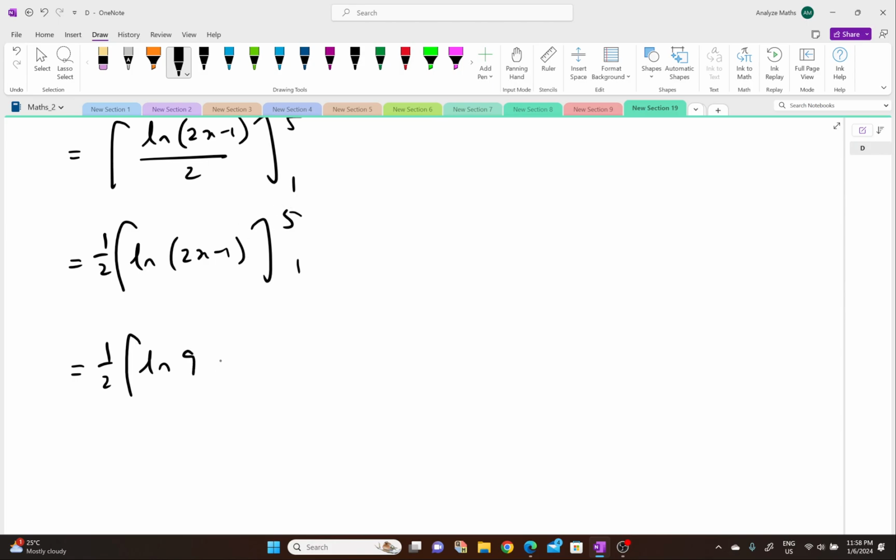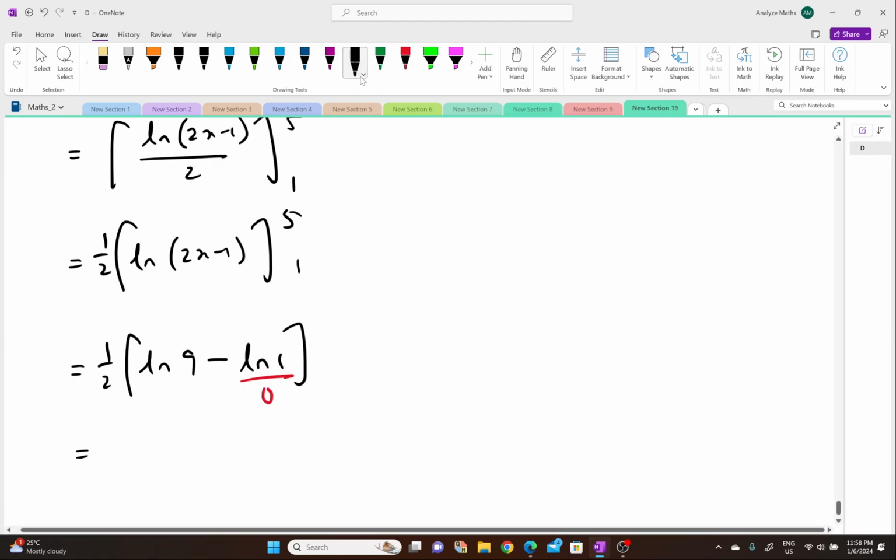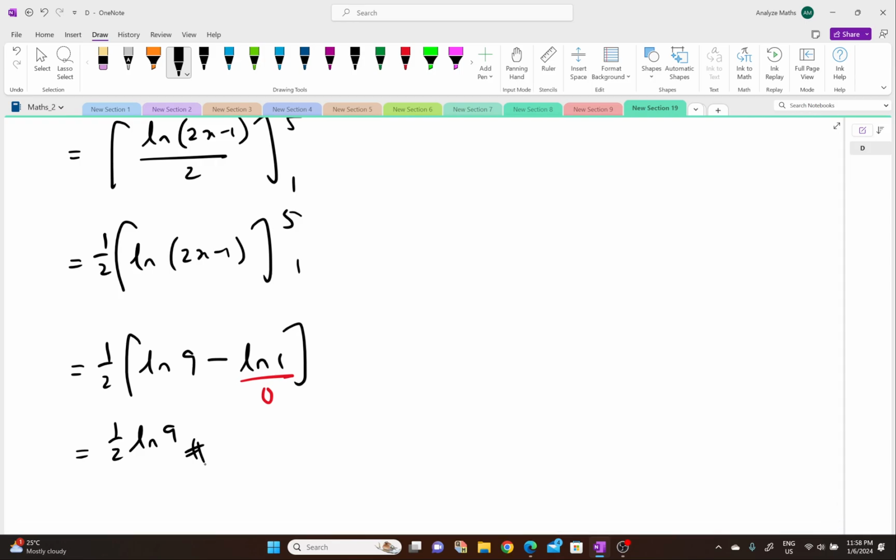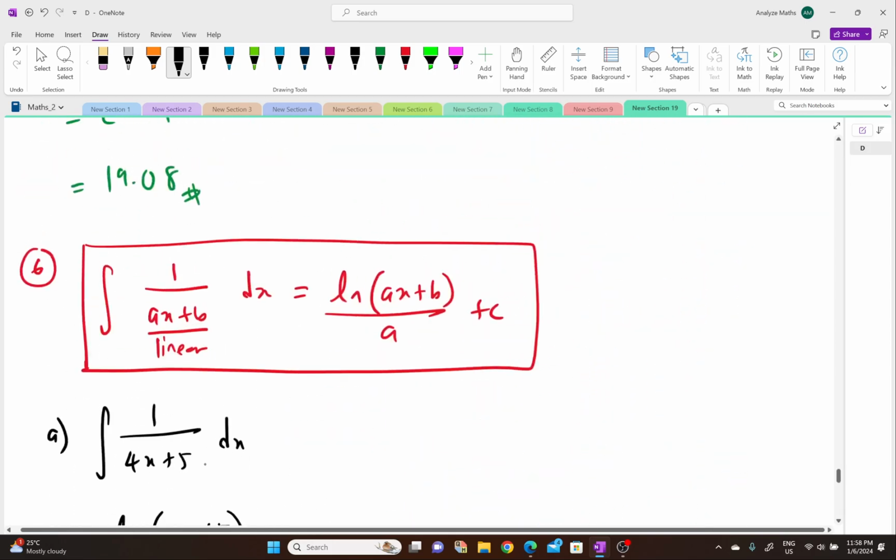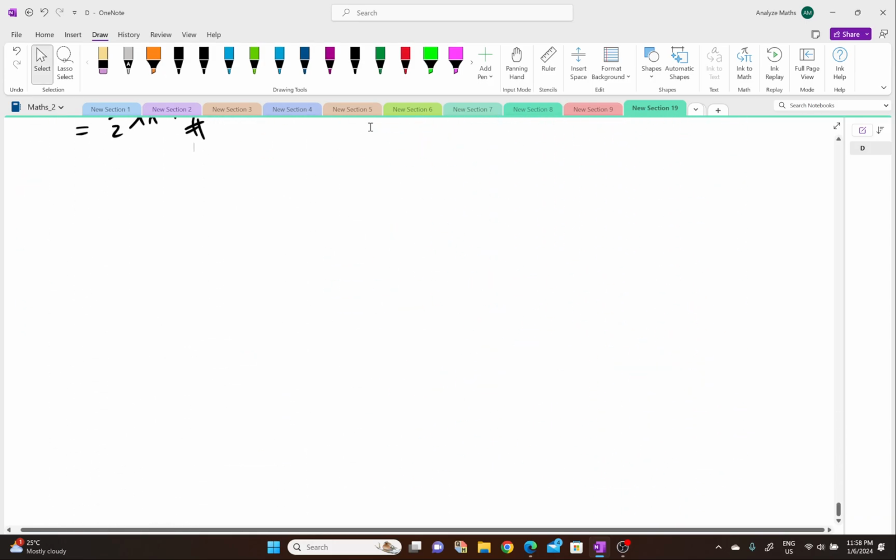This is ln 9 minus, put here ln 1, and if you notice this, ln 1, if you press the calculator, is 0. So answer is 1 over 2 ln 9. You can leave it like this, or you can press the calculator, it gives me a decimal number. I think that's the last one, rule 7.